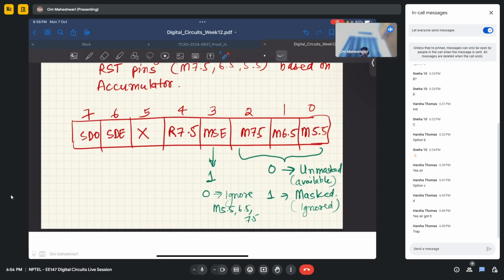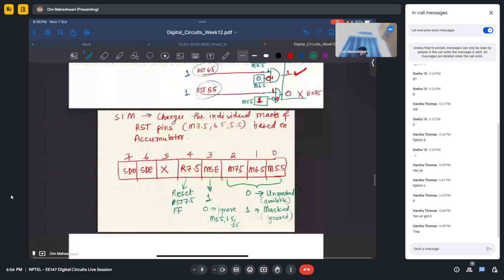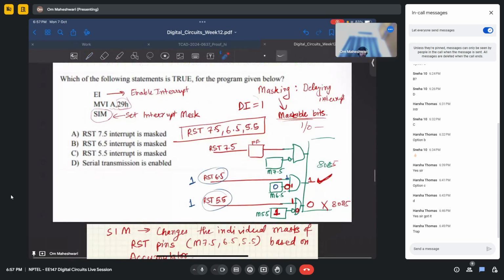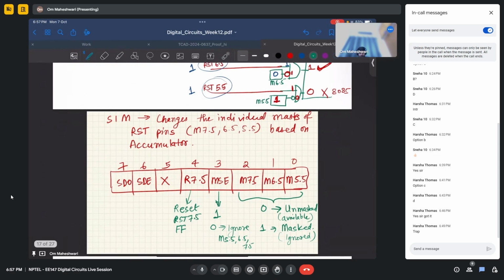Then we have R 7.5. This corresponds to resetting the RST 7.5 flip-flop. We had a flip-flop here, right? We discussed this. So it just sets or resets this flip-flop.